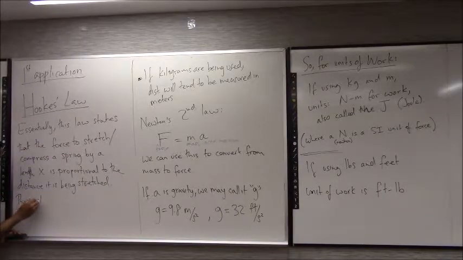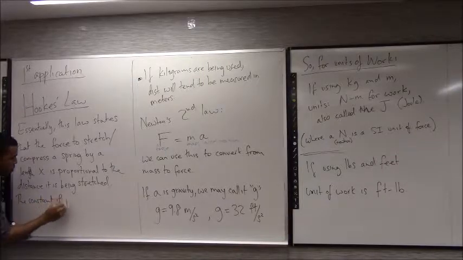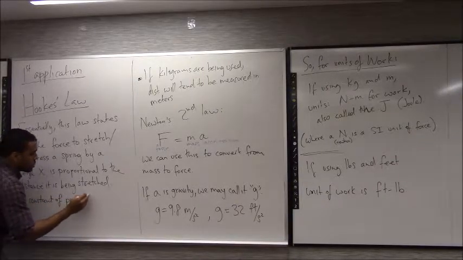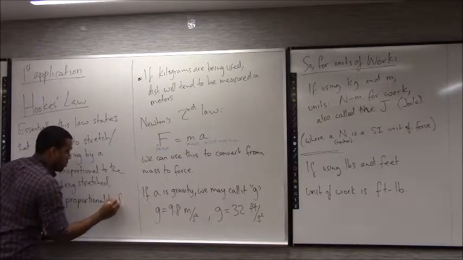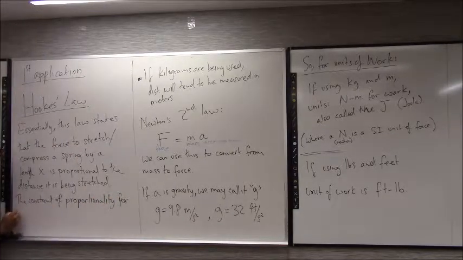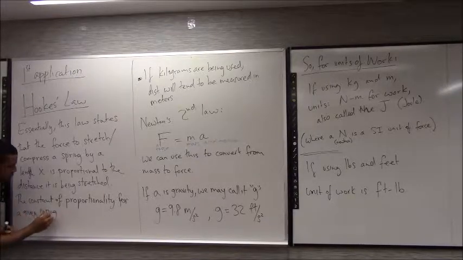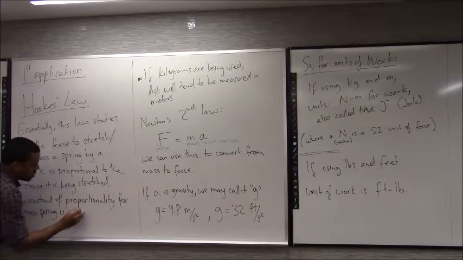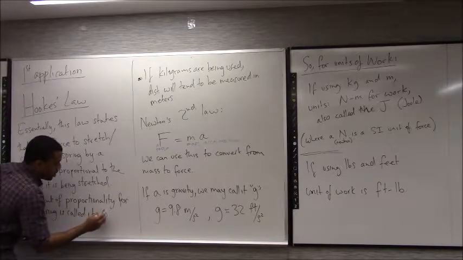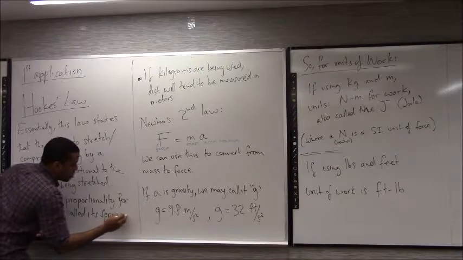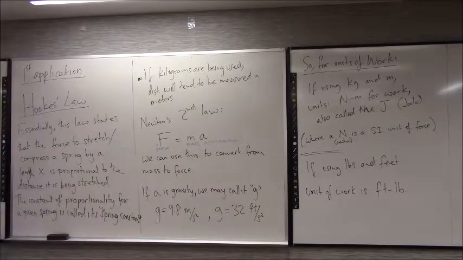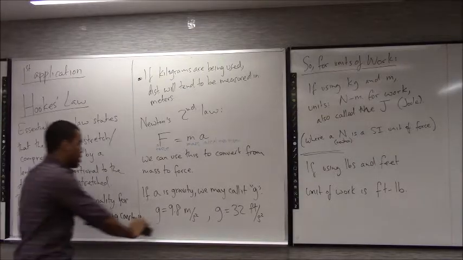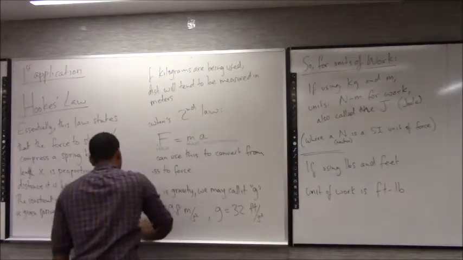The constant of proportionality in this case for a given spring is called its spring constant. So this will vary by the spring, what it's made of, how strong it is, how thick it is. There will be some sort of constant.